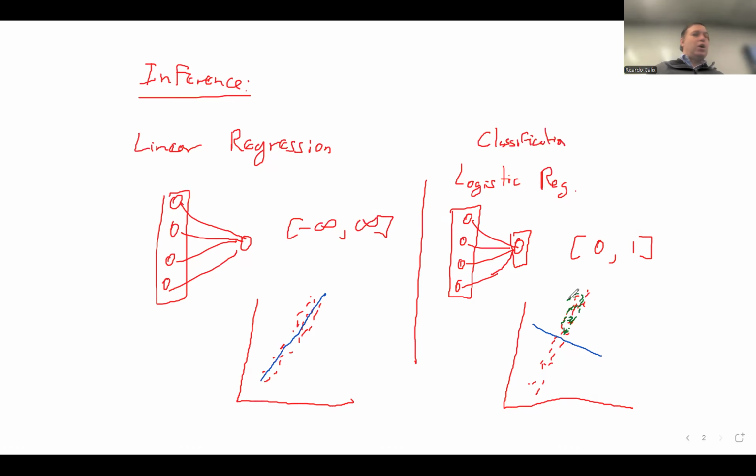Now let's look at the loss function. So this was inference, right? Now let's take a look at loss. Loss here is denoted by J. It's important that you guys are aware that this also has a graphical representation, but it's based on another function.